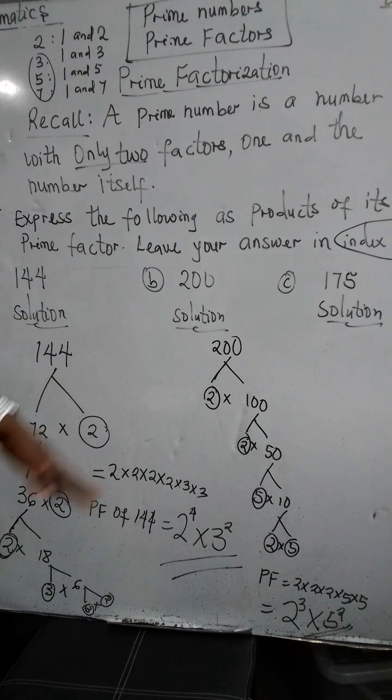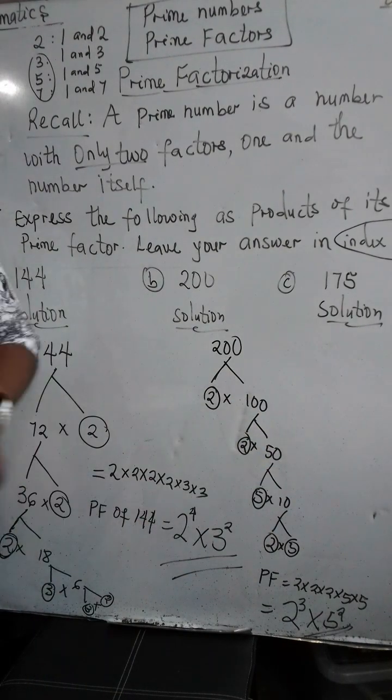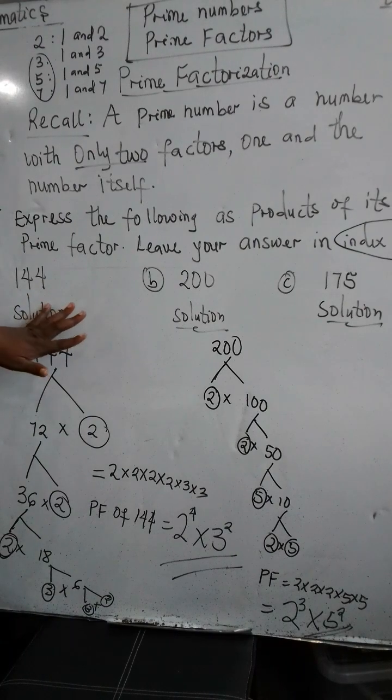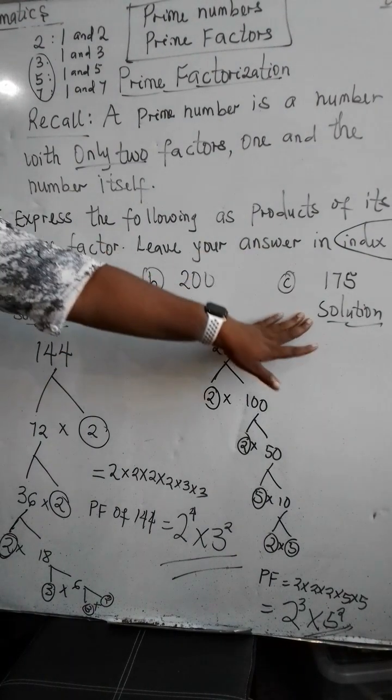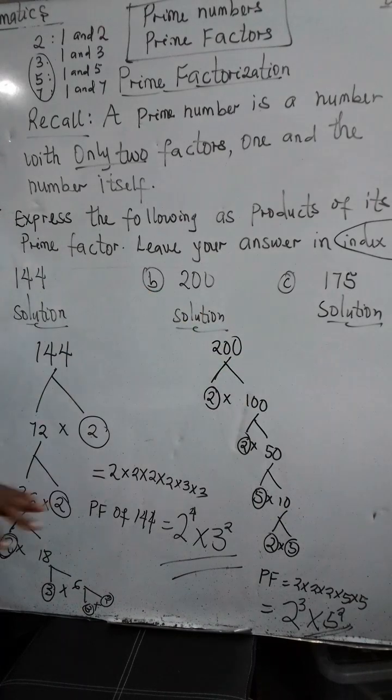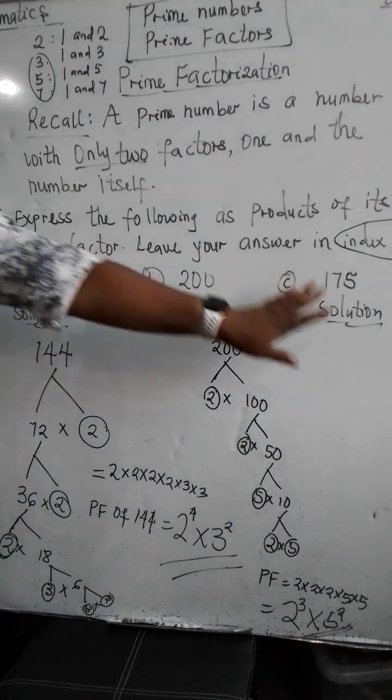And 8 times 25 or 25 times 8 is 200. So it is very, very important that we take note of the prime factorization method. Why we are leaving our answers in index form is in case you are asked to find the HCF. Somebody can ask you to find the HCF of 144, 200 and 175. But the person might not write 144, 200 and 175.